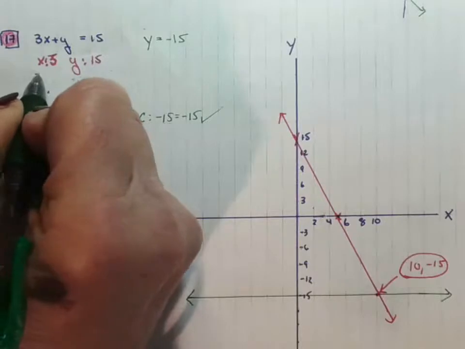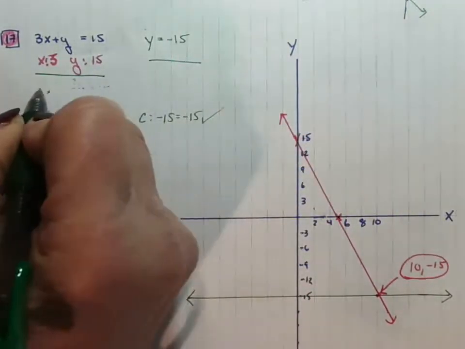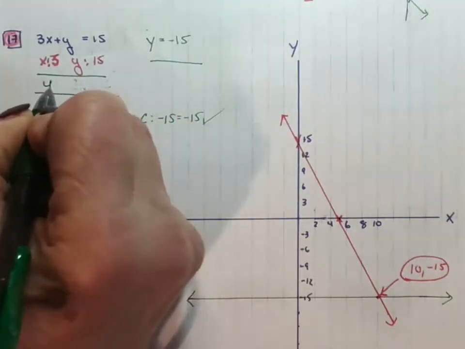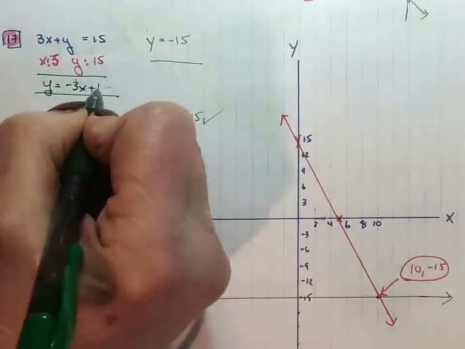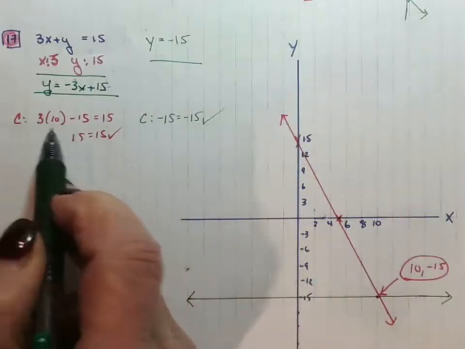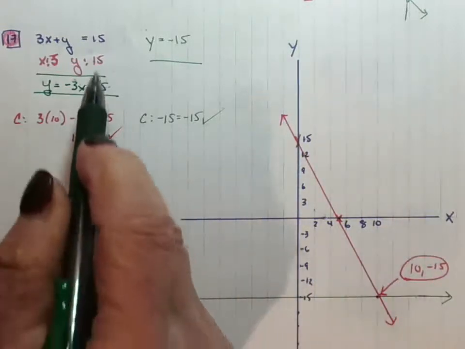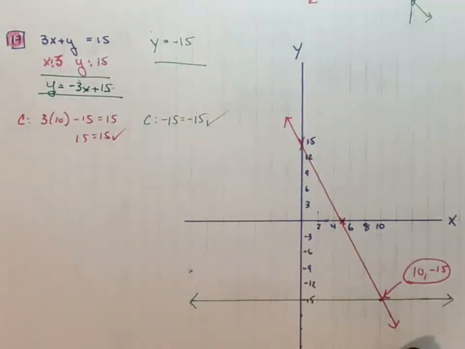So these are the equations, or you could have had y equals negative 3x plus 15. The solution where they intersect is 10, negative 15. You plug that 10, negative 15 into both equations and it checks. So that's number 17.